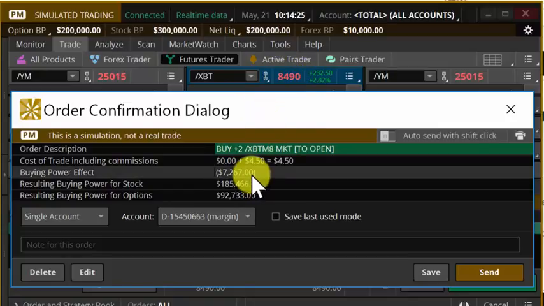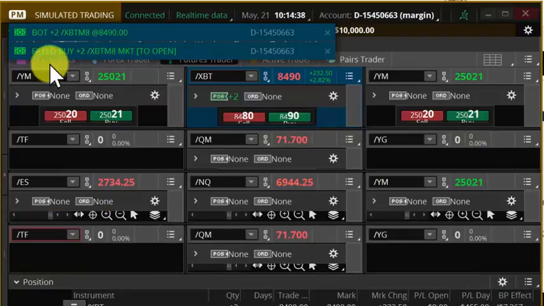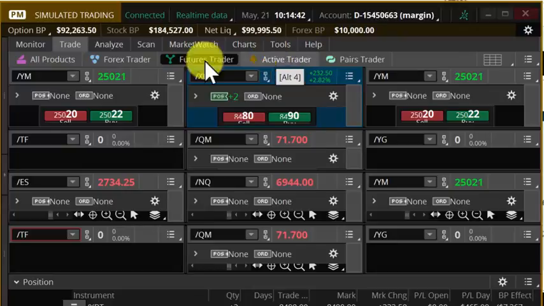All right, so that's why futures allow you to buy a leveraged amount of Bitcoin. And so if you wanted to buy 2, reduce your buying power by that amount, you could just click send. And I would imagine there it says filled. So once you see the word filled in your account, then this tells you that you actually have it.